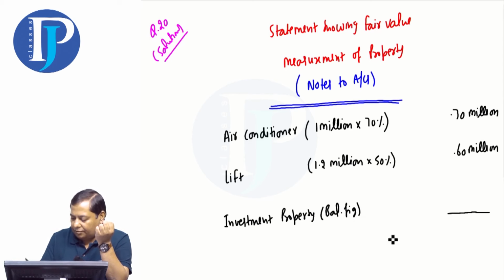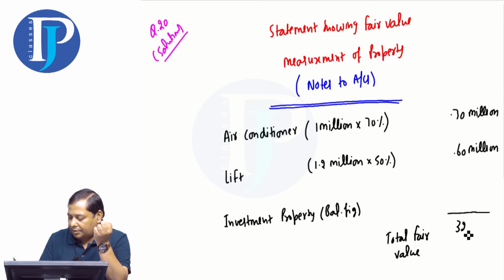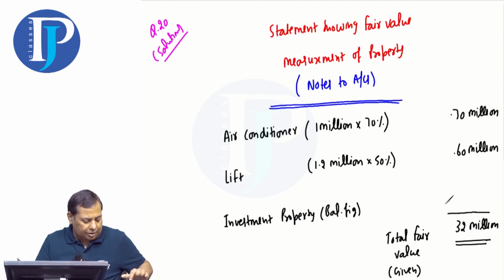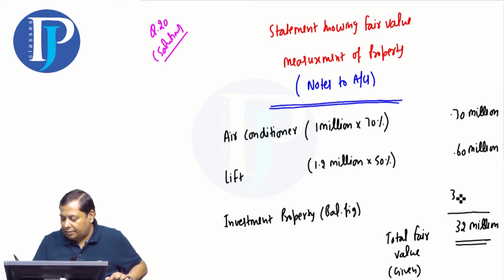Why? Because total fair value is 32 million, and this is given. This is 32 minus 1.3. So 30.7.